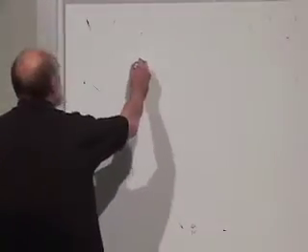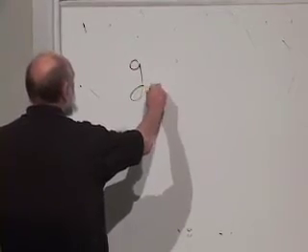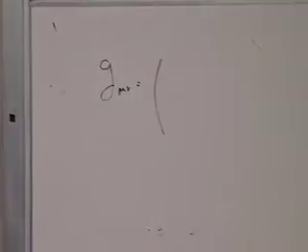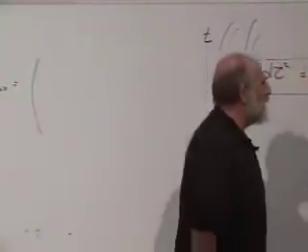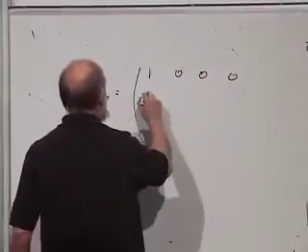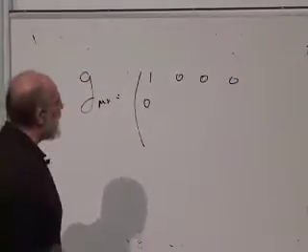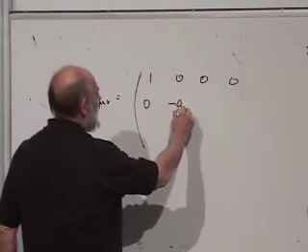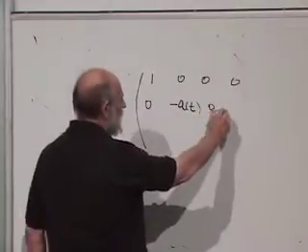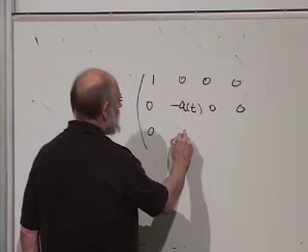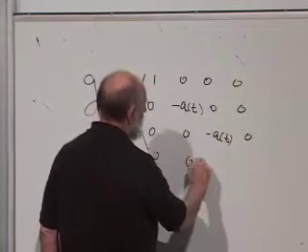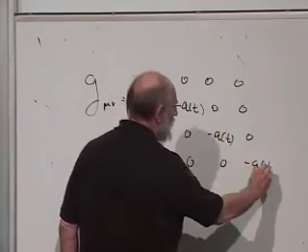It corresponds to g mu nu equal, instead of 1, minus 1, minus 1, minus 1, let's write 1, 0, 0, 0, 0. Now instead of minus 1, let's write minus a of t, where a of t is time dependent: 0, 0, 0, 0, minus a of t, 0, 0, 0, 0, minus a of t.